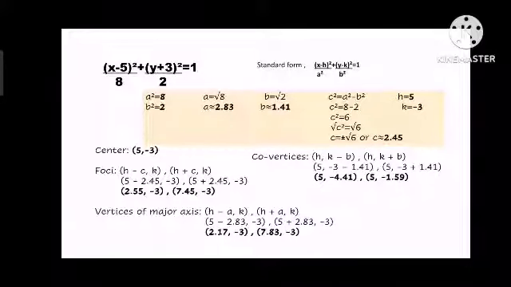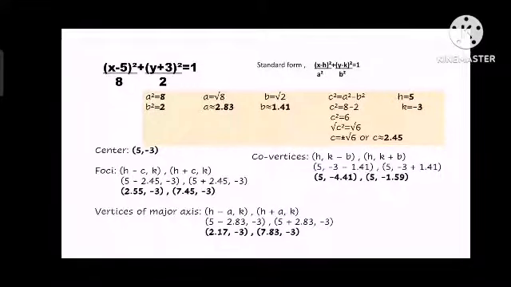So, substitution again. Then we have (5 minus 2.83, negative 3) and (5 plus 2.83, negative 3). If we simplify, we have the vertices of the major axis (2.17, negative 3) and (7.83, negative 3).